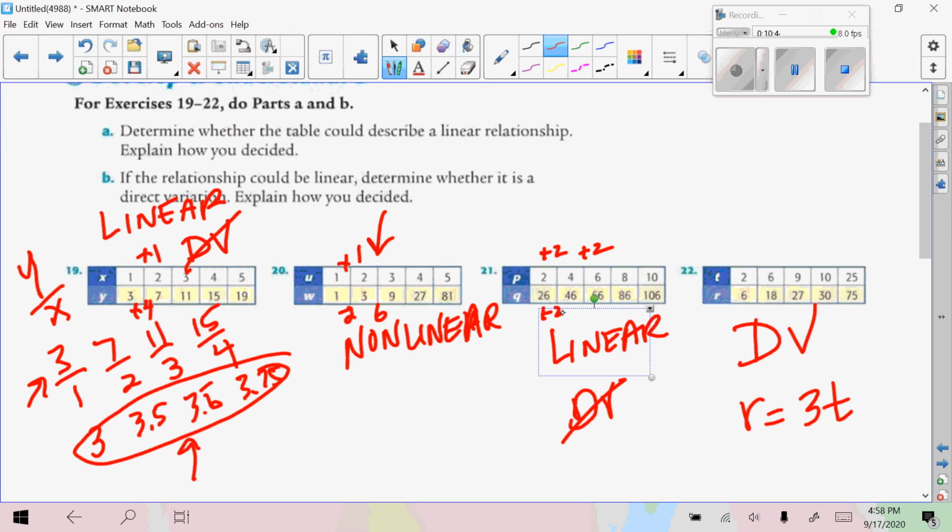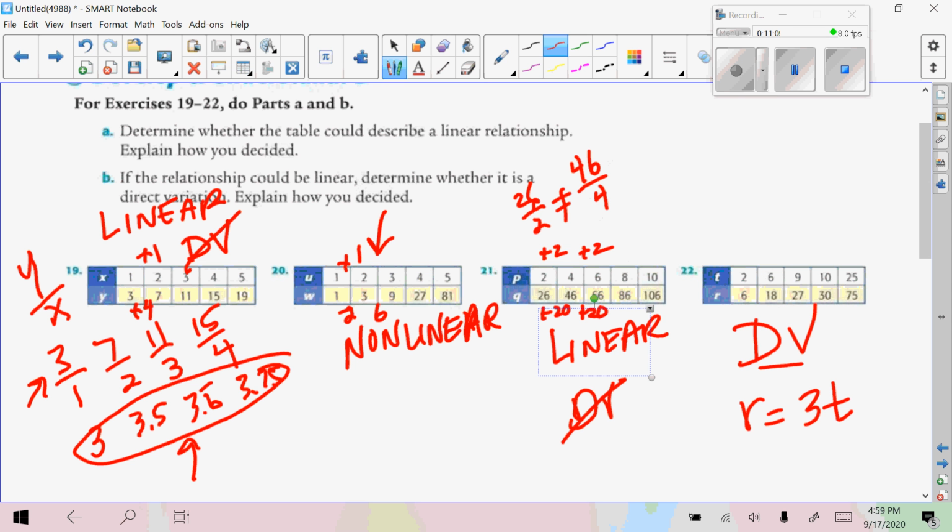These are going up by 20 every time. So that's true, but it's not a direct variation because if you look at the ratios, like 26 divided by 2, that's equal to 13. That is not equal to 46 divided by 4, which is like 11.5. So you'll see those ratios are not equal.